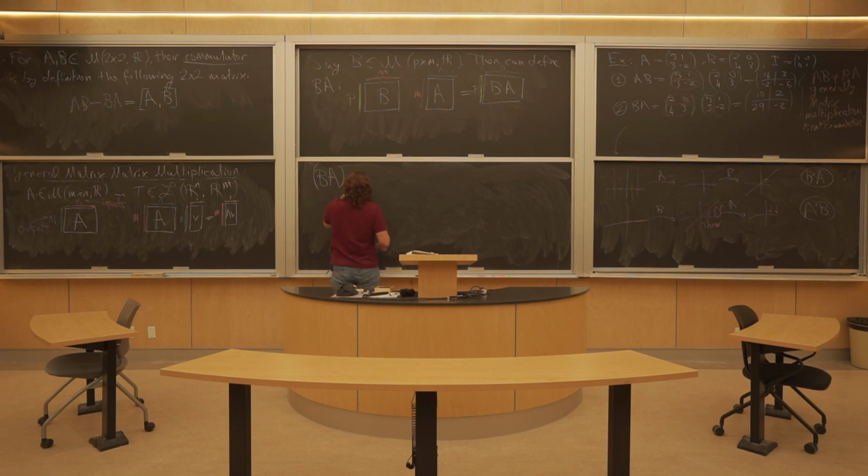The ijth entry of B times A has to be this: B_i1 A_1j, sorry, plus B_i2 A_2j, dot dot, plus B_iM A_Mj. Okay?